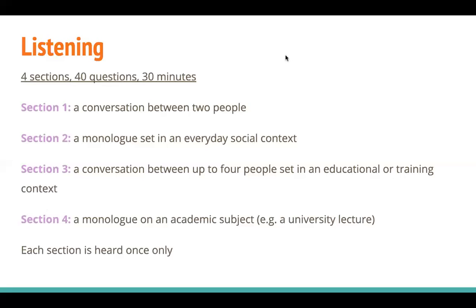But you have to be careful because each section is only heard once. You don't get a repeat. Once it's been said, it goes on to the next thing. However, for listening, you do get a chance to read the questions before you listen to the conversation that they're having.